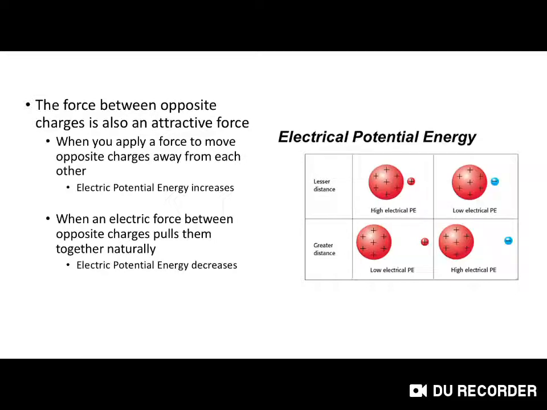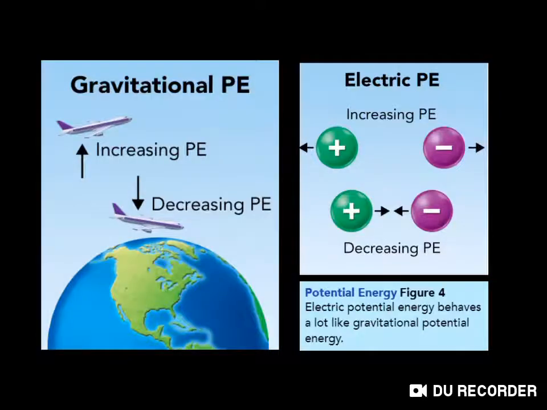So this means, just like gravitational potential energy, distance increases the electric potential energy. When an electric force between opposite charges pulls them together, the electric potential energy decreases. Figure 4 shows us that electric potential energy behaves a lot like gravitational potential energy.